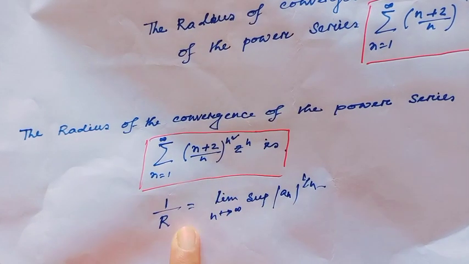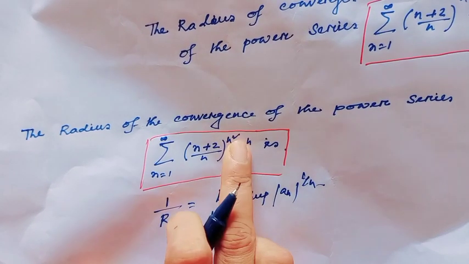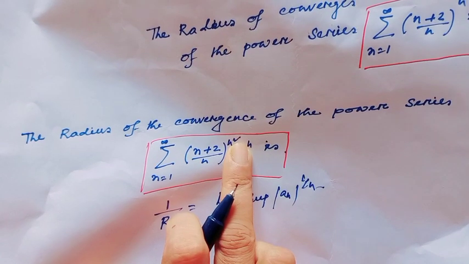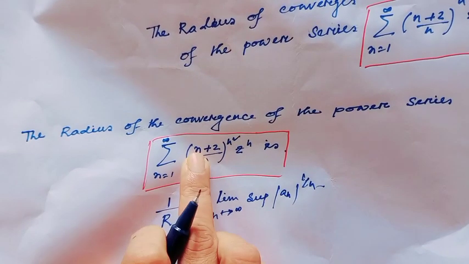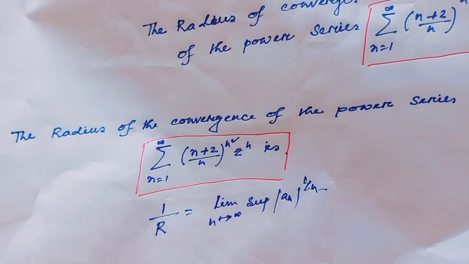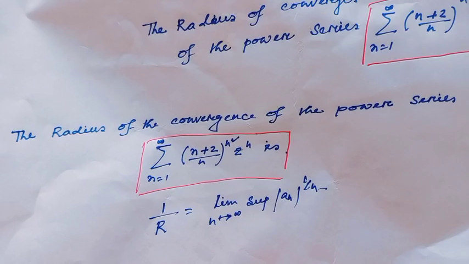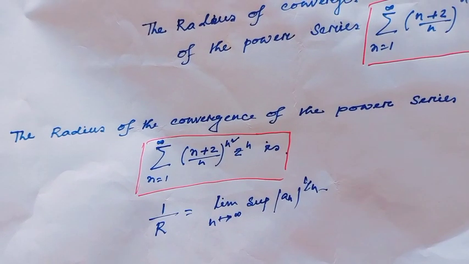That means if we apply the Cauchy-Hadamard test, then this power would be 1 over n by the Cauchy-Hadamard test. Then we can evaluate this limit easily. So if we apply the Cauchy-Hadamard test, then we can evaluate this power series easily.